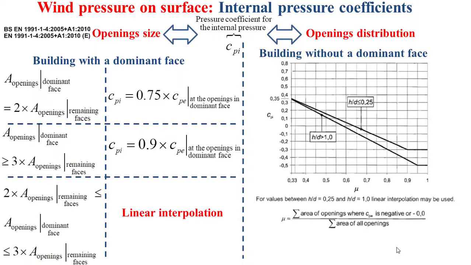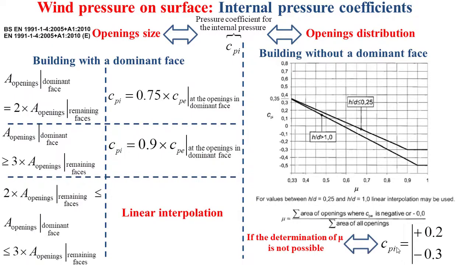If for a reason or another it's not possible or not considered justified to estimate the coefficient mu, in this case the internal pressure coefficient CPI should be the more onerous of plus 0.2 and minus 0.3.